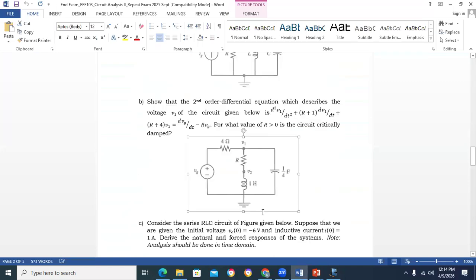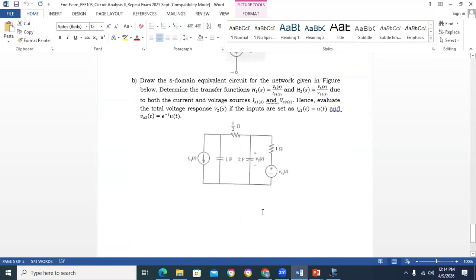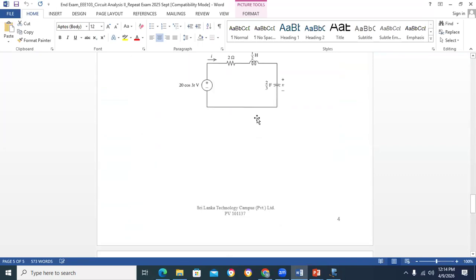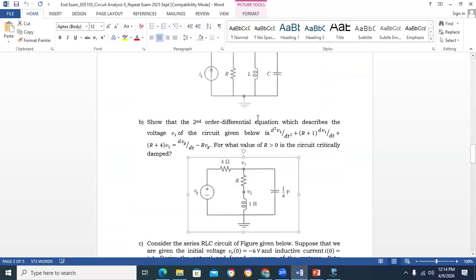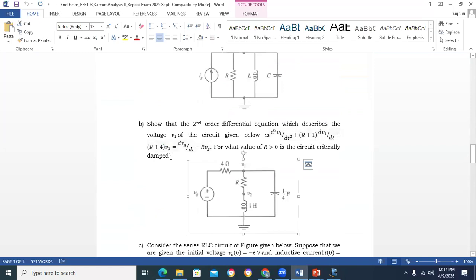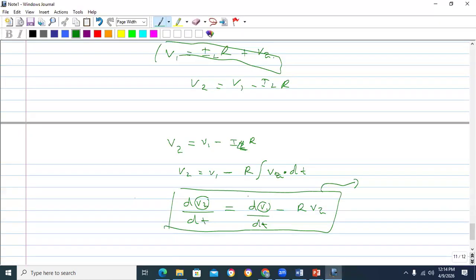So in this derivation, I don't have time to spend much time. Anyway, only you will have the V1 and VG. So you need to get rid of this V2. To get rid of this V2, there is a method actually. You can get another differential equation, and you can find this V2 value with respect to V1.